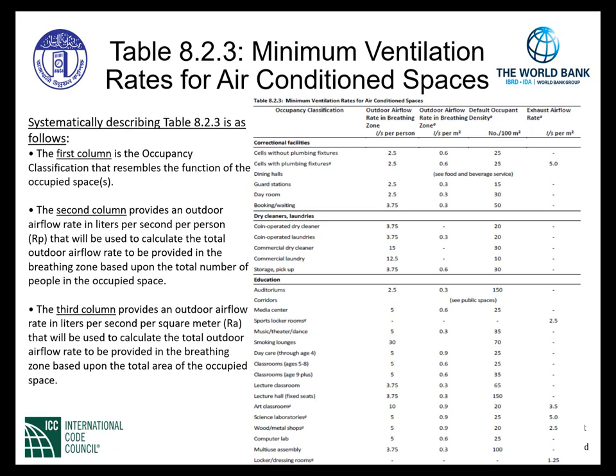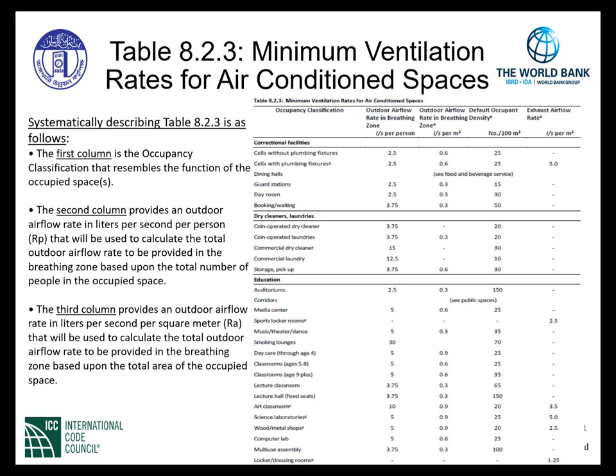Let's take an example. In an education occupancy classification for auditoriums, the minimum outdoor airflow rate in the breathing zone that we'll have to calculate is 2.5 liters per second per person.